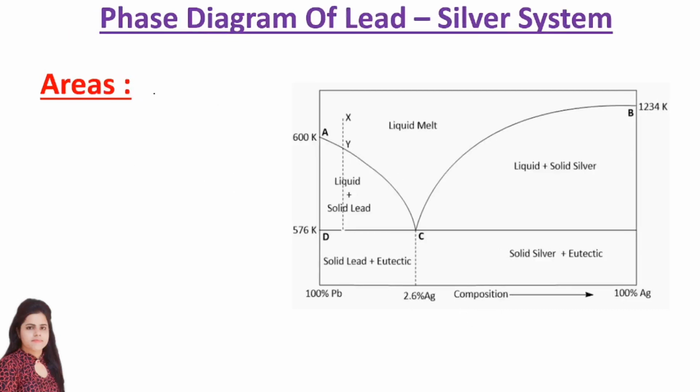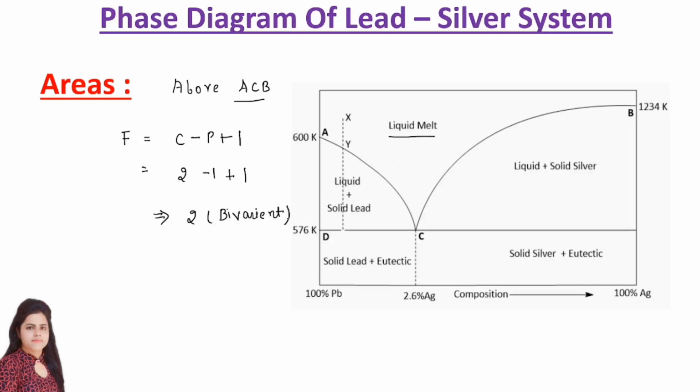Then we have areas. First I am taking the area above ACB. In this area we have only one phase, which is liquid. We use this equation again: components again 2, only one phase, liquid, plus 1. So it is 2, which means it is called a bivariant system.